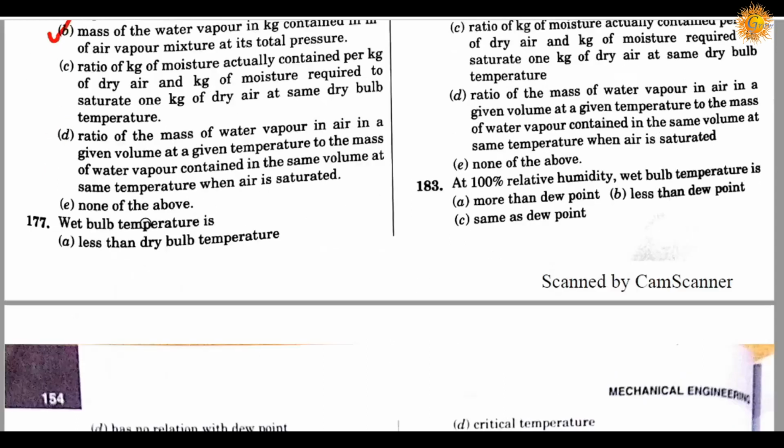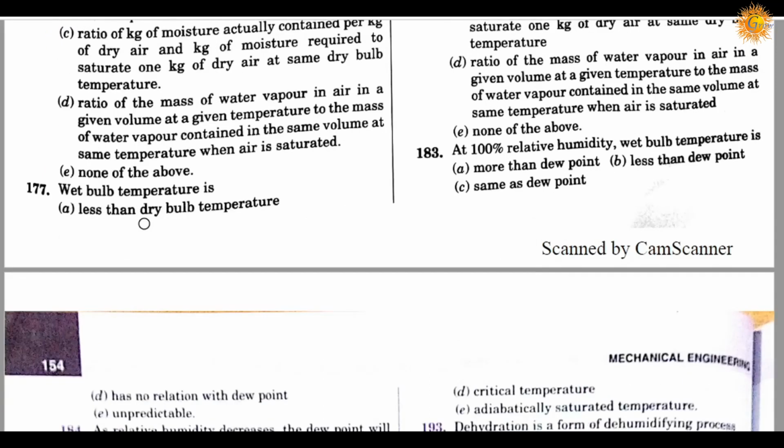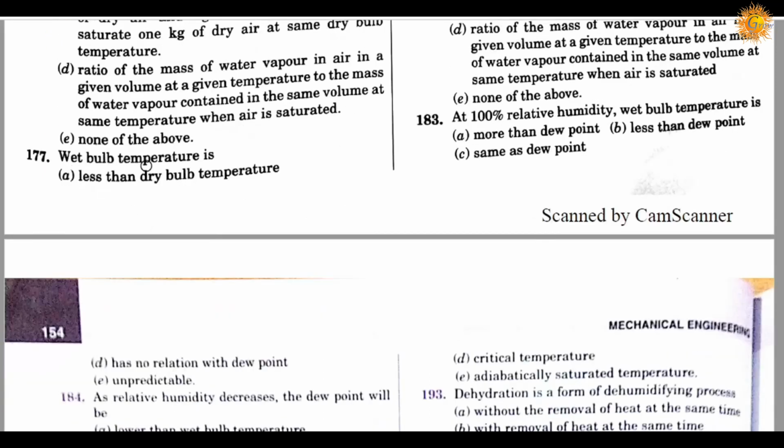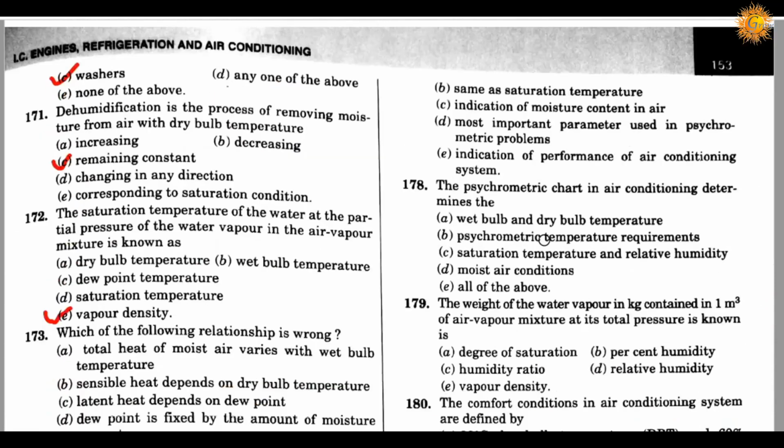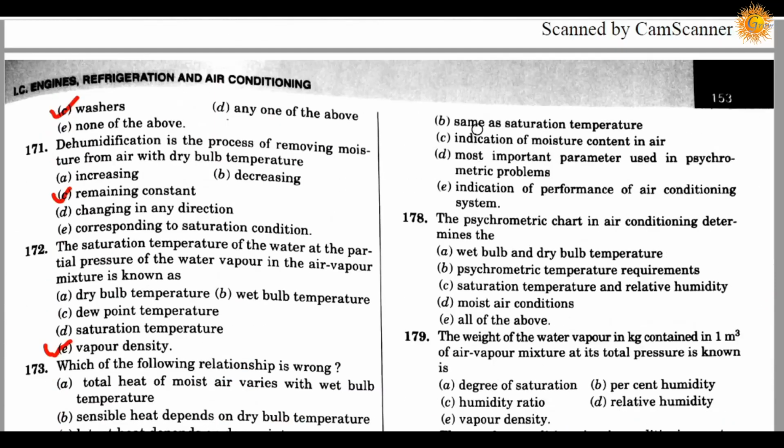Question number 177. Wet bulb temperature is: Option A, less than dry bulb temperature. Option B, same as saturation temperature. Option C, indication of moisture content in air.